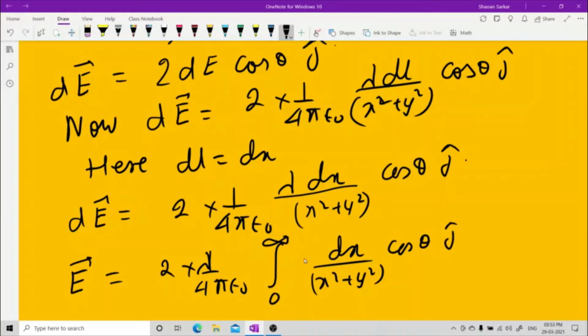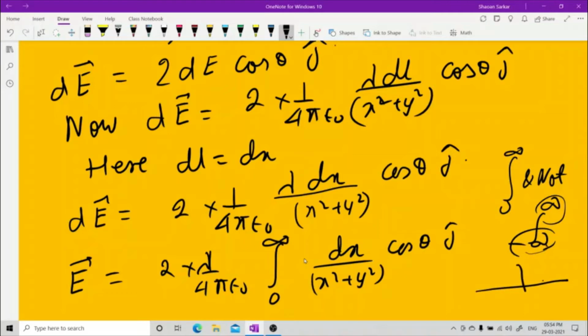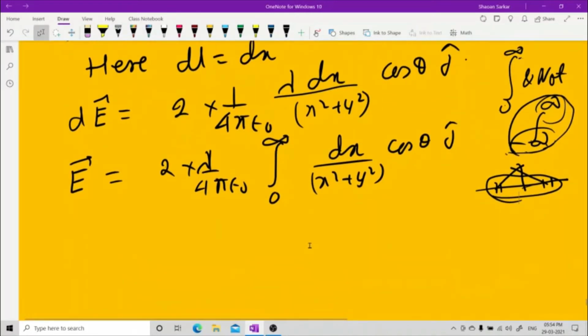You integrate from 0 to infinity and not from minus infinity to infinity, because you have taken the full length, with the contribution from this side also. If you take minus infinity to infinity, it will be double counting. So to avoid that, you take 0 to infinity only, the positive part, and that does the job. I hope you understand why.